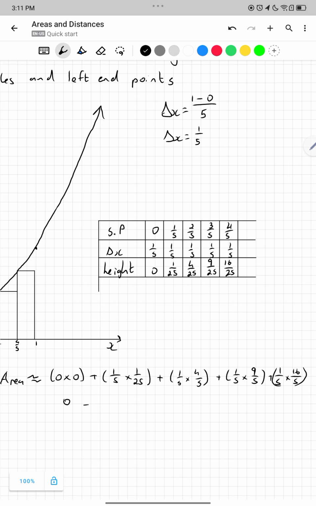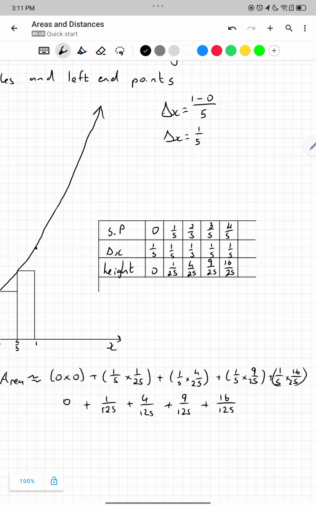So it'll be 0 plus 1/125 plus 4/125 plus 9/125 plus 16/125.